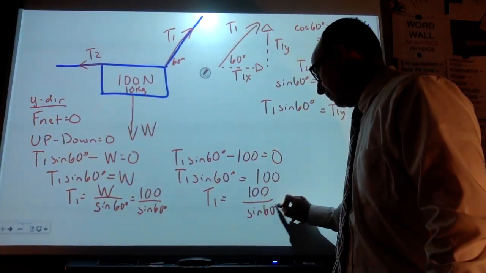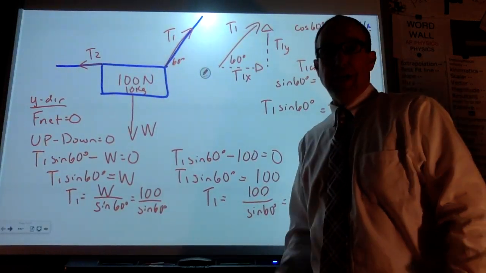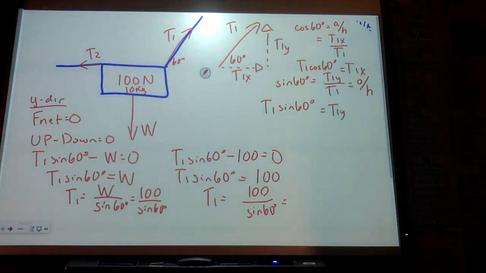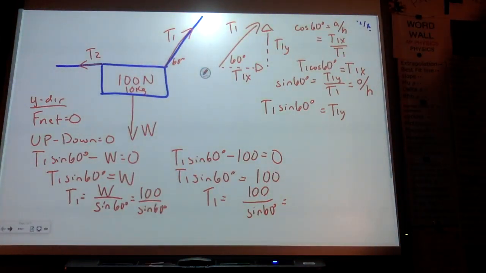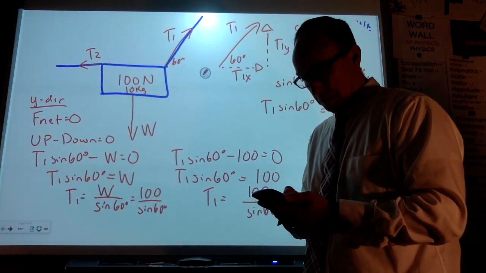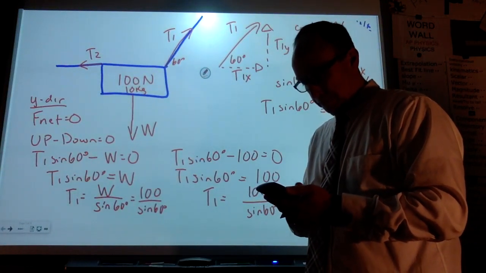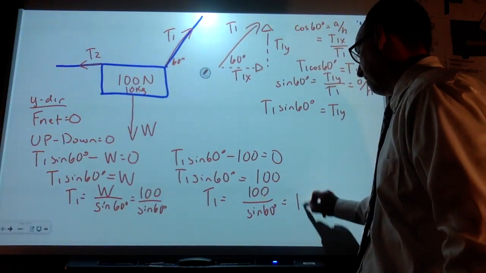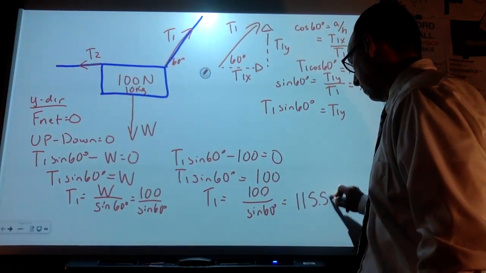So this is good. This is useful information. Now I know T1. And 100 divided by sine of 60, I cannot do in my head. Making sure my calculator is in degrees, I got 115.47.